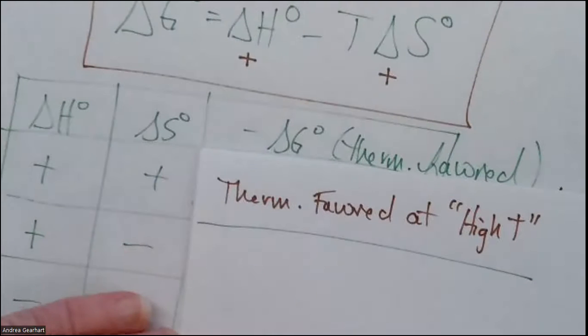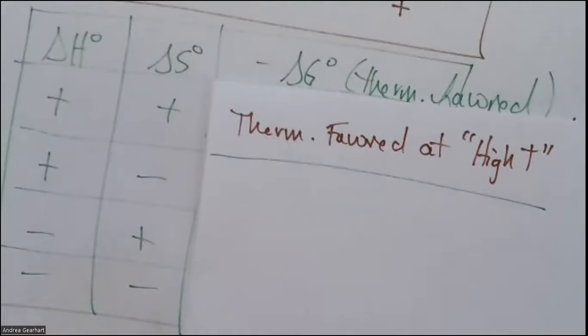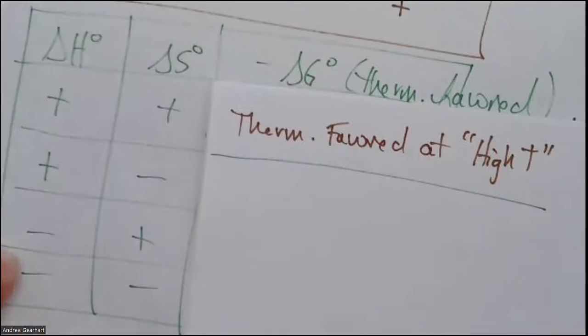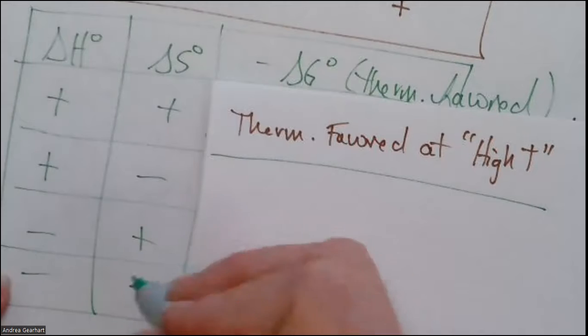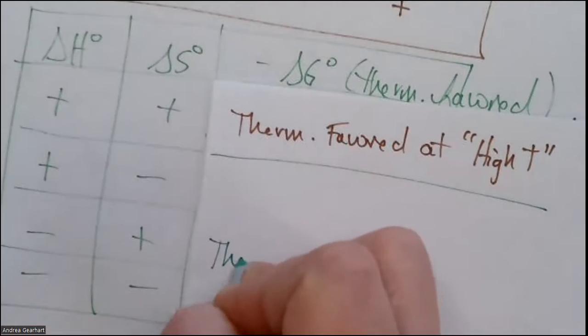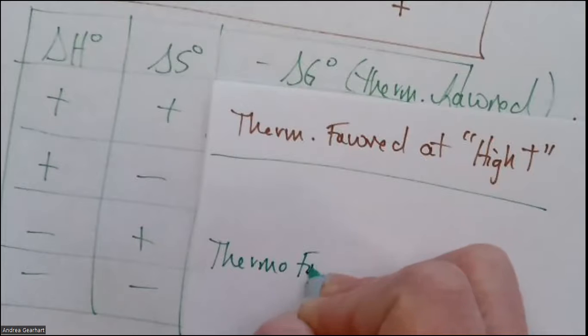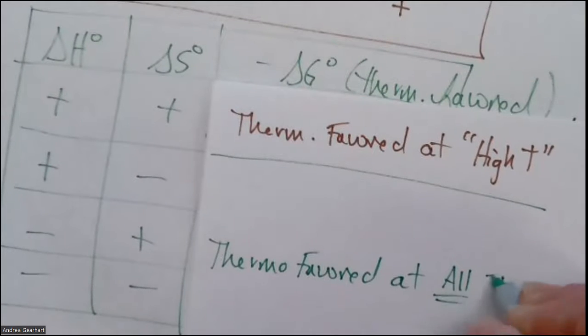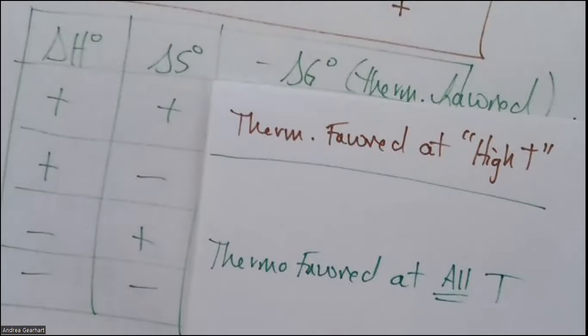What is our other case? If we are negative, it's exothermic, and we're increasing entropy. Those are both in our favor, no matter what the temperature is. So it is thermodynamically favored at all temps. That would be ideal.